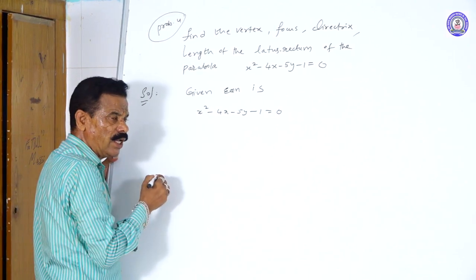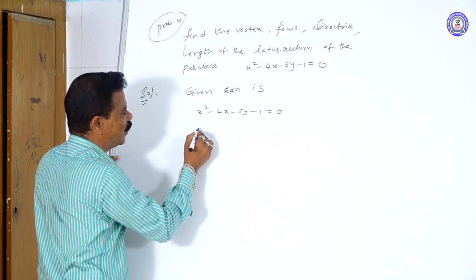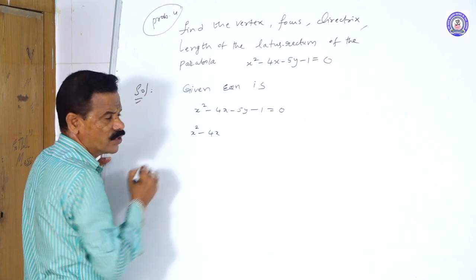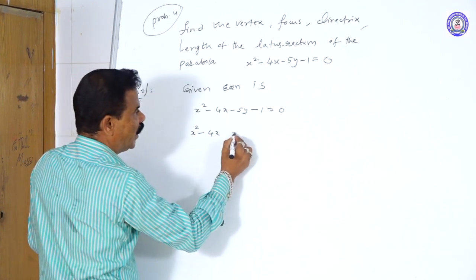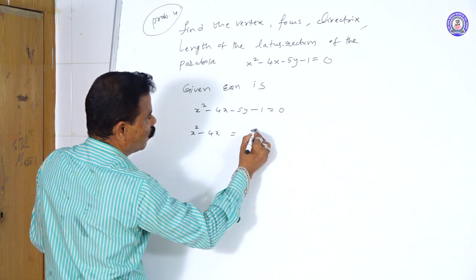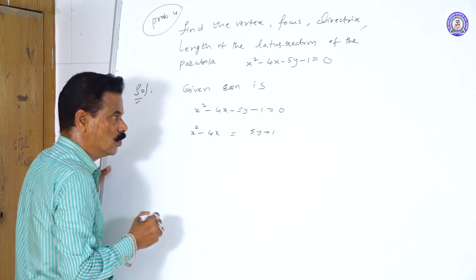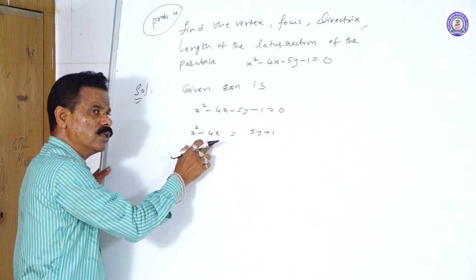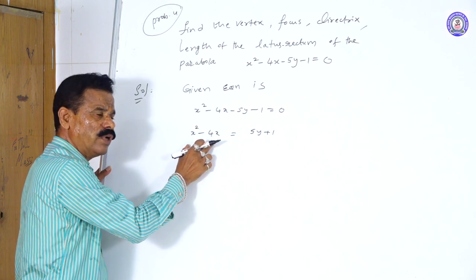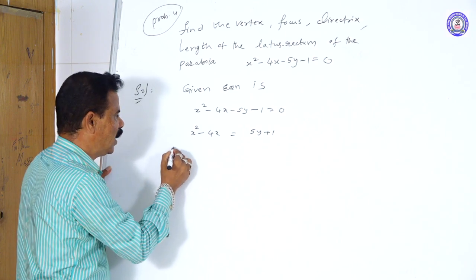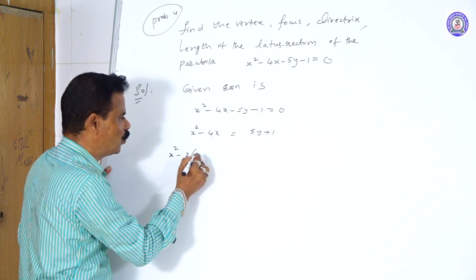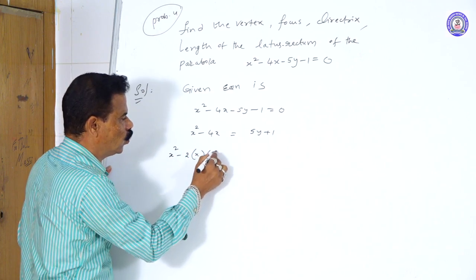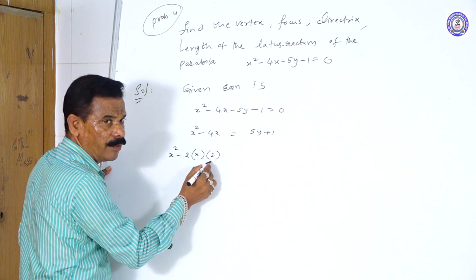From this equation, take the x terms on one side, x square minus 4x, and the y terms and constant on the other side, 5y plus 1. So here for x square minus 4x, for the perfect square purpose, we write x square minus 2 into x into 2, like a square minus 2ab.